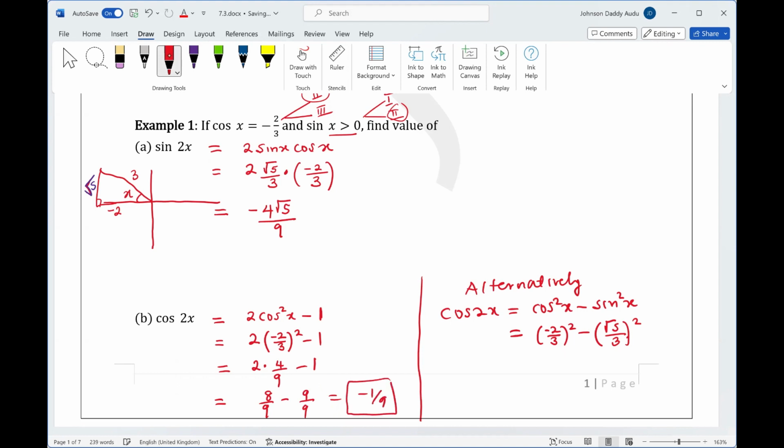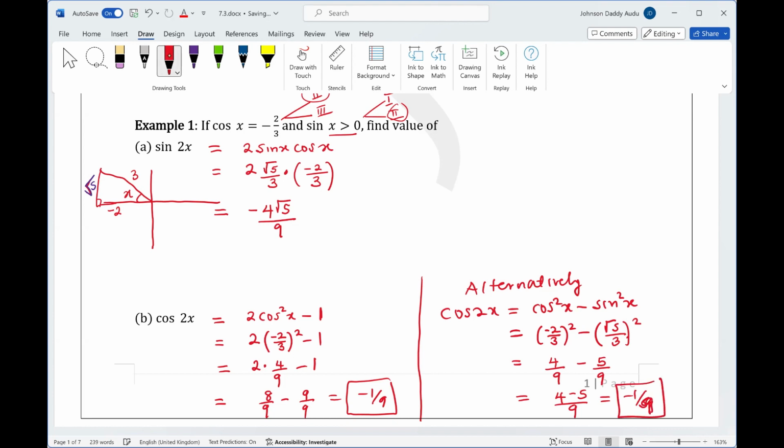We used a different formula to check it.